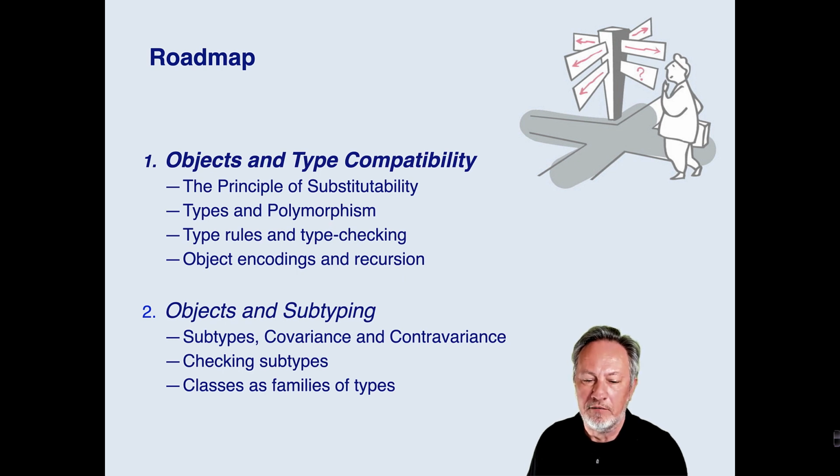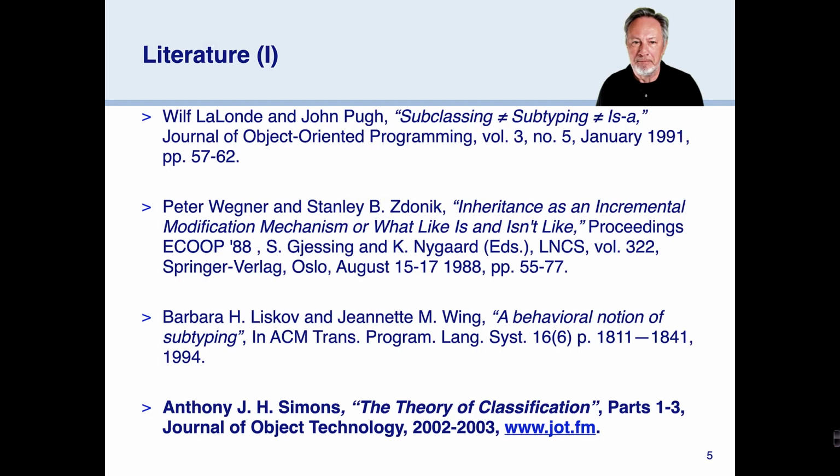First of all, let's have a look at the story of objects and type compatibility. I'm using a variety of sources for this lecture today. The key one is the one listed at the bottom. This is a classic tutorial survey by Anthony Simons dating from the early 2000s, published in the Journal of Object Technology.